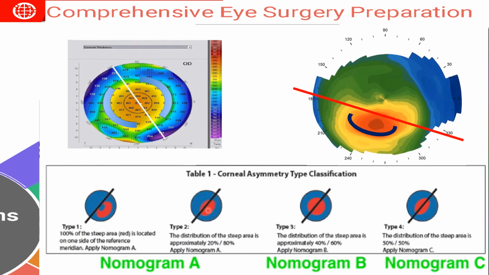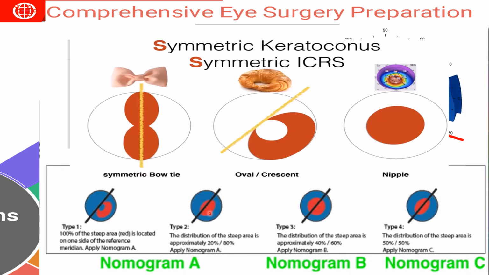Now, there are other pictures for the shape of the cone. It can be like this nipple cone, or like this shape, which is known as crescent or croissant, or like this symmetric bow tie. Each one of them has its own nomogram, comparing with these pictures, so that we can implant the corneal rings that are needed. For example, in this case, we need two segments like this to improve mainly the astigmatism.